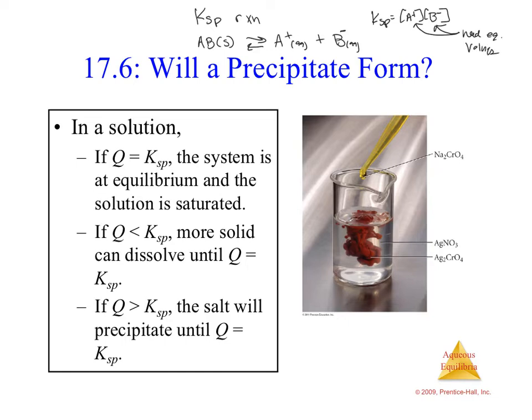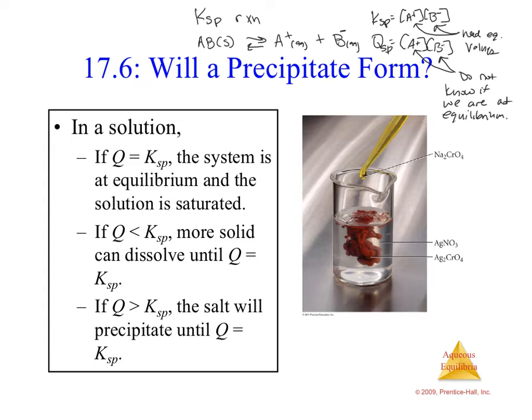So what we're going to look at here is QSP, or just Q. I'll call it QSP to be specific, where we have A times B, but here we do not know if we're at equilibrium.